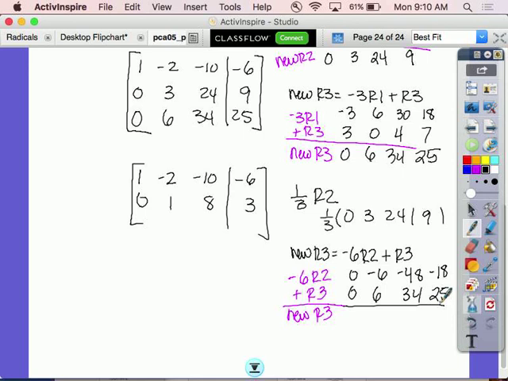So my new row 3 is 0, 0, -14. What does this number come out to be? 7.